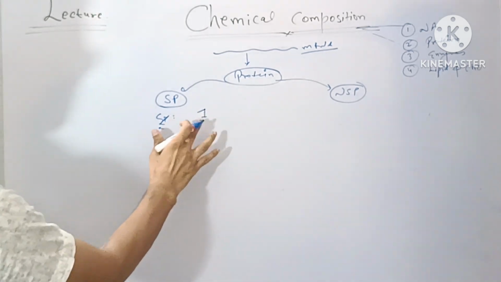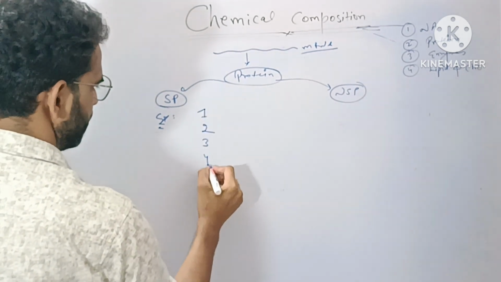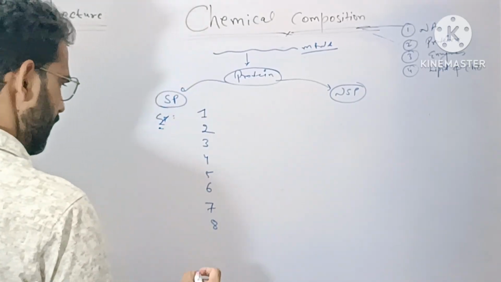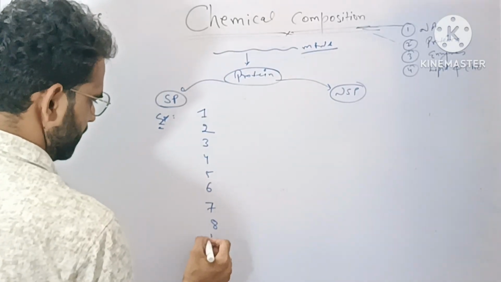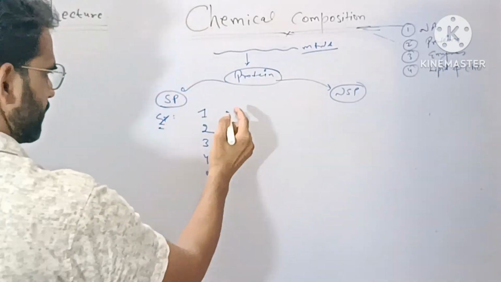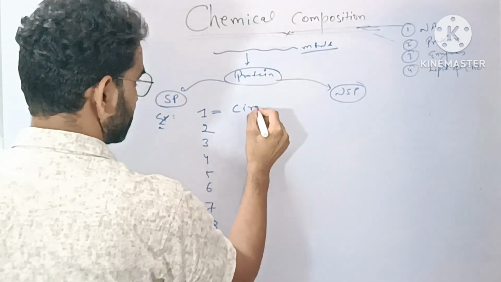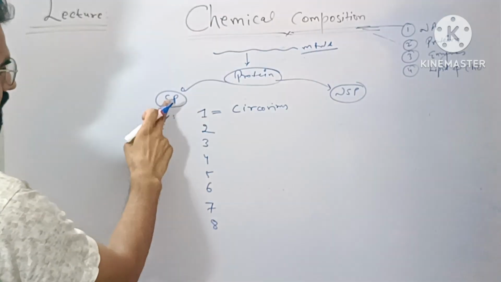Some viruses have one structural protein, some have 2, 3, 4, 5, 6, 7, 8. Some have more than 8. So number one is circovirus. They have a single structural protein.